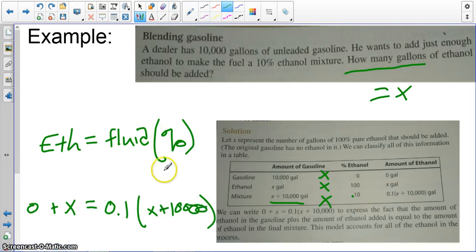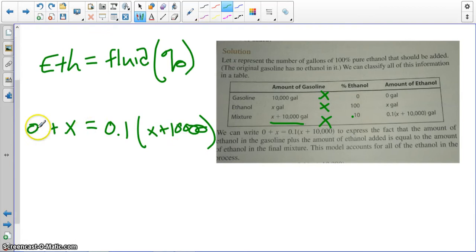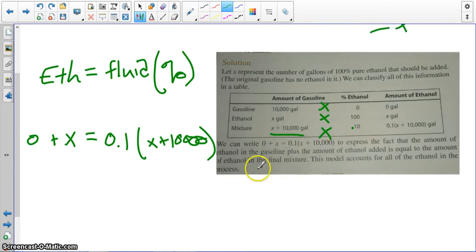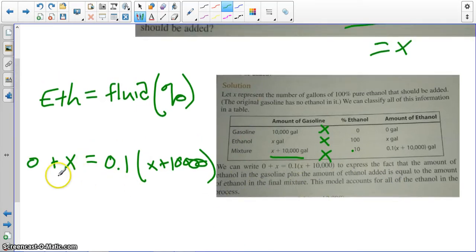So solve this. This is what I am likely to check in your do now. Figure out what that is, and that would answer the question. So solving this for x, I'll even start you off for the heck of it.